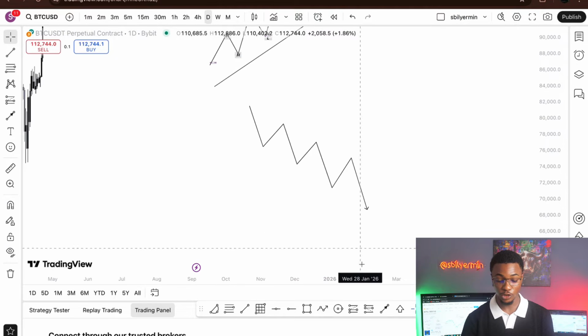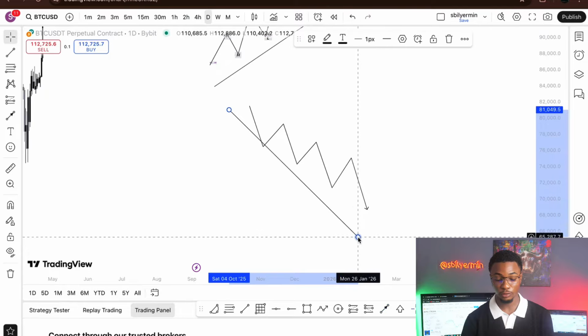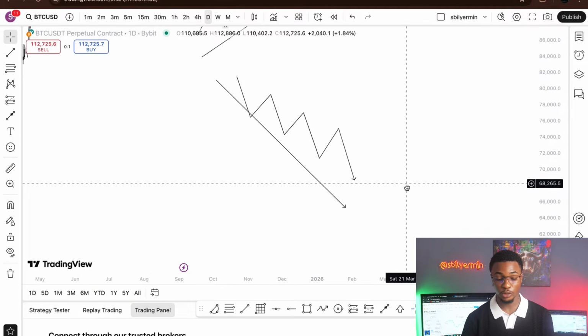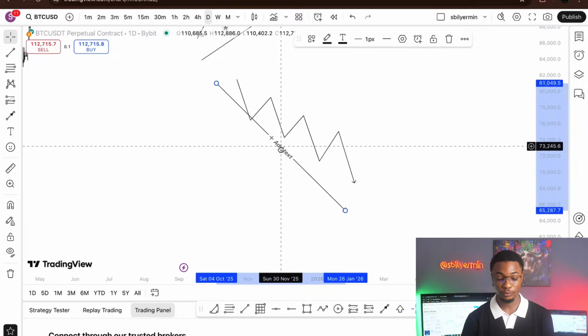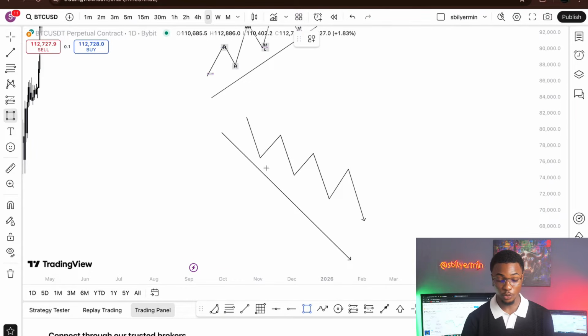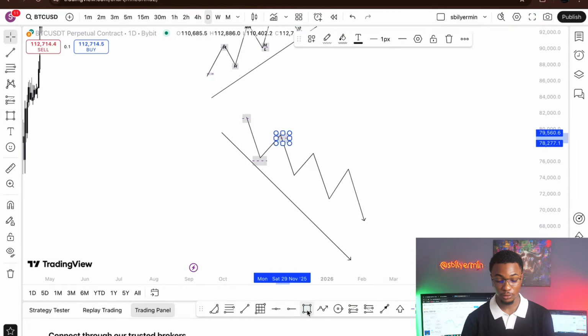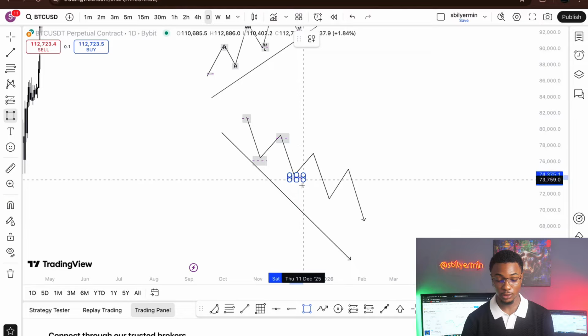Then clearly we know that this is what? Going down. Clearly the direction of the market is what? It is going down. So if we are going to mark this the same as this, just give me a second.